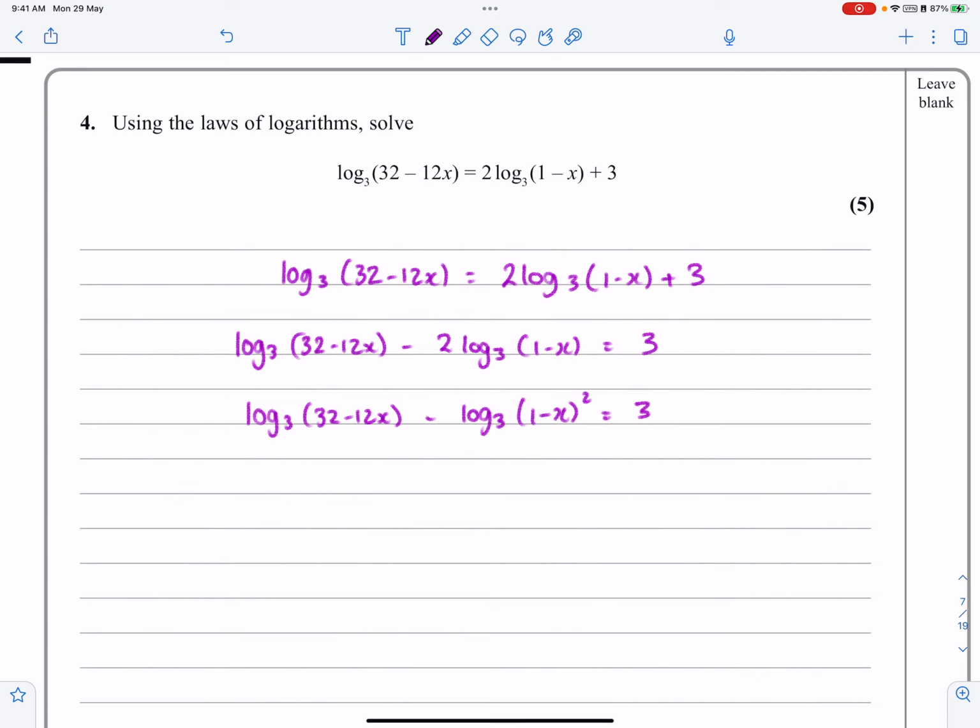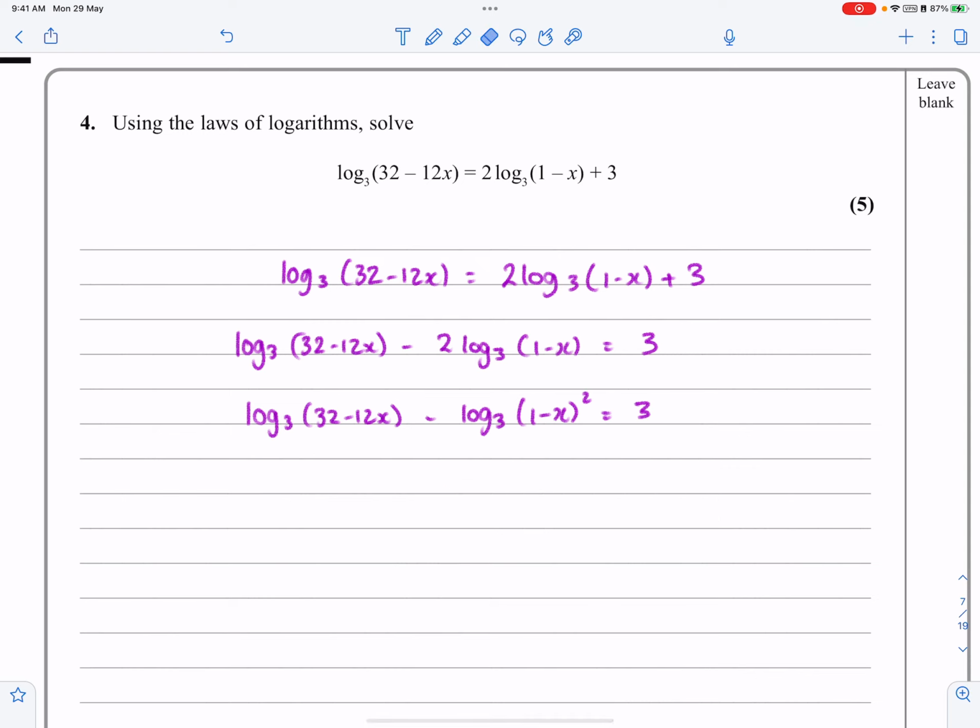And the whole idea of doing that was to end up now with just log minus log. And if I've got log minus log, another one of my log rules says if I've got log a minus log b, that's the same as log a over b. So I'm going to use that one now.